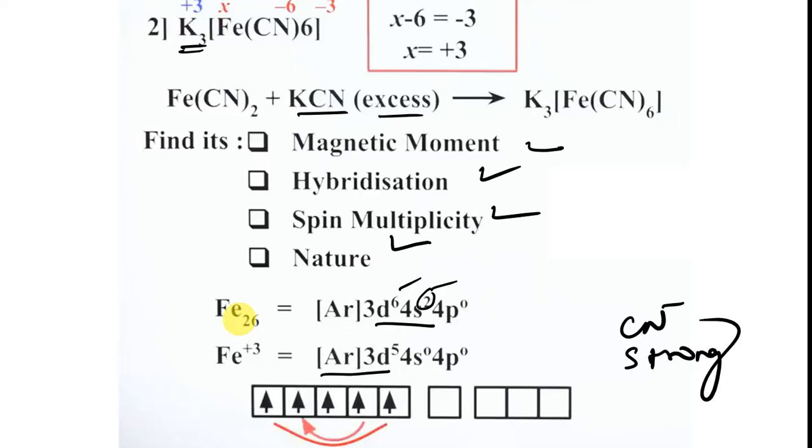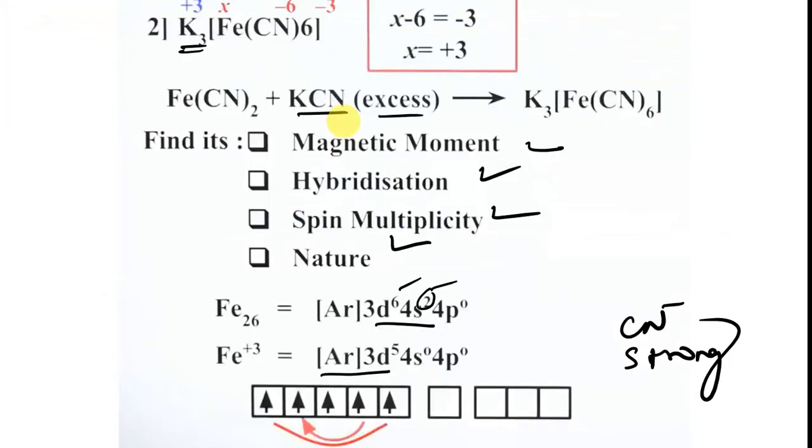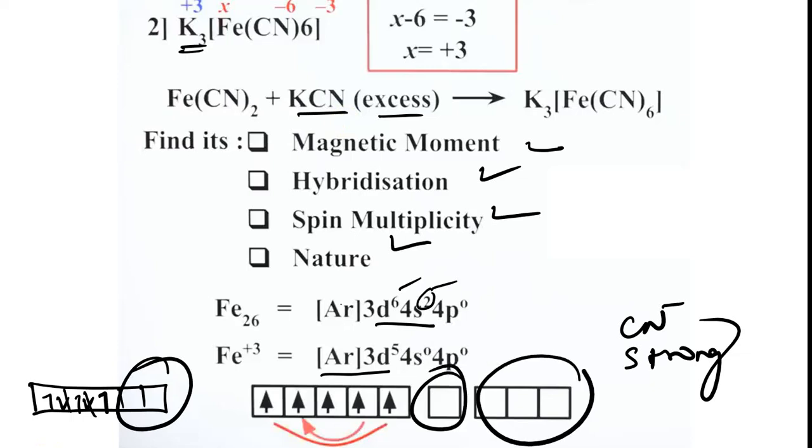So being strong, what does CN do? CN pairs up the unpaired electrons. So the electronic configuration will be like this. Here, 5 electrons are there. So 1, 2, 3, 4, 5 electrons will be there, and these 2 orbitals will be filled. And these 2 orbitals and this 1 orbital and 3 p orbitals.